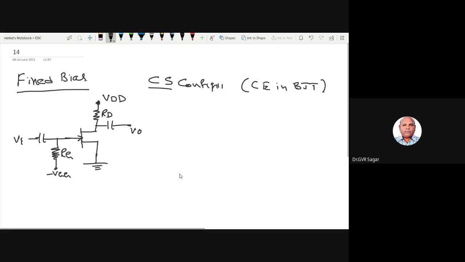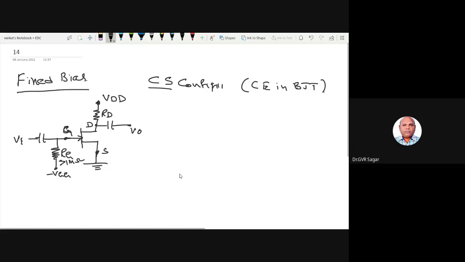For fixed bias, RD is the drain resistance connected here. This is the drain terminal, this is the source terminal, and this is the gate terminal. At the gate terminal, a high input resistance RG, greater than 1 mega ohm, is connected. Generally, as in the previous discussion, the gate junction is reverse biased. The gate junction is the input junction.